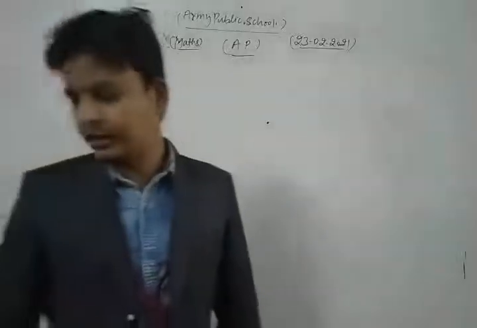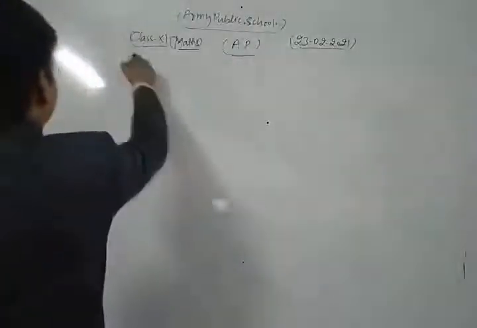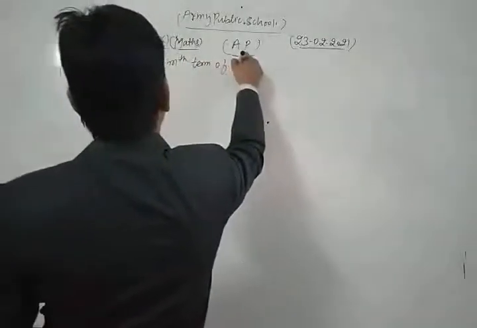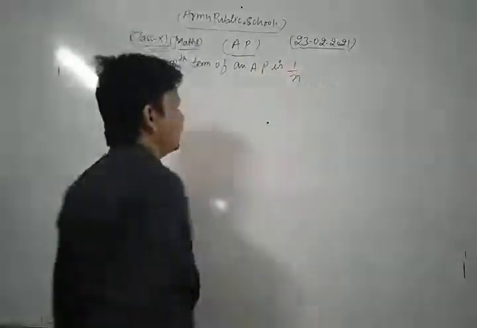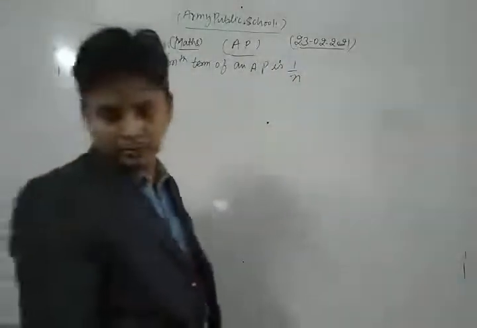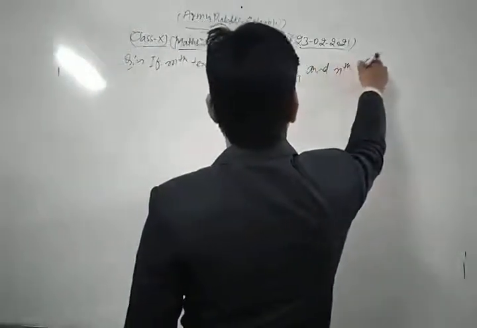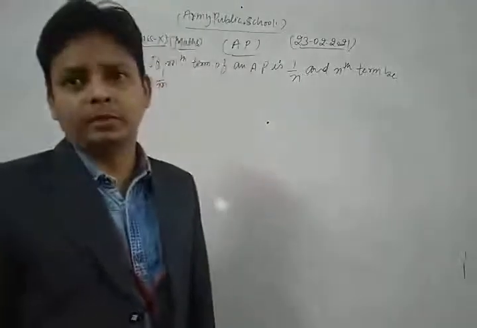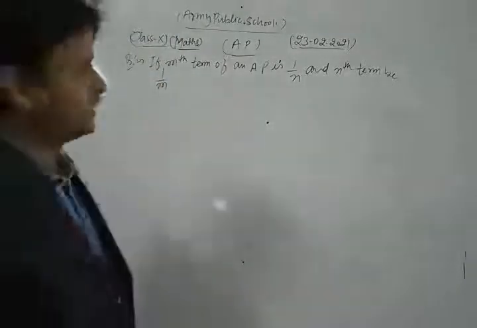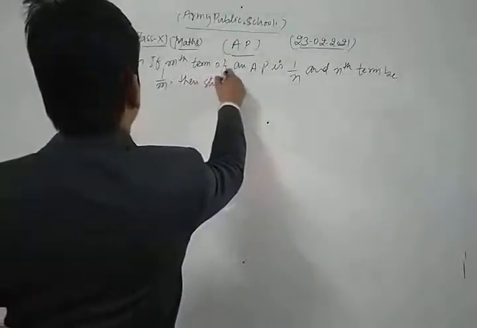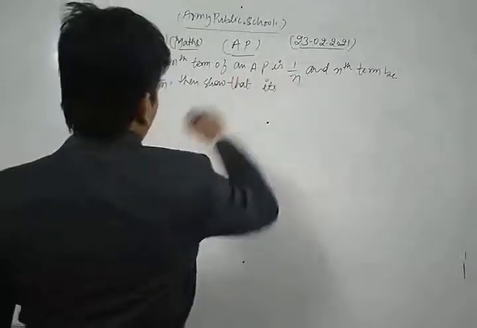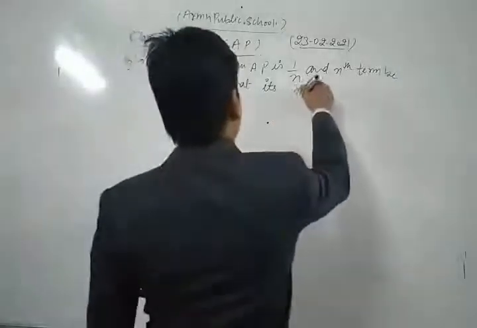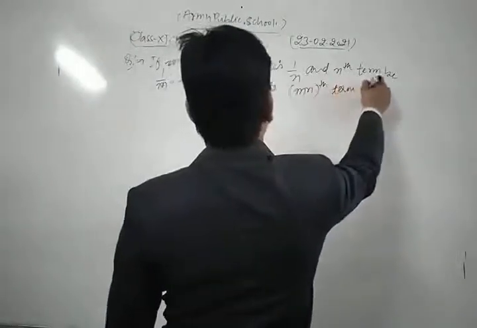We take a question which is based on AP. The question is: if the mth term of an AP is 1 upon n, and the nth term is 1 upon m, then show that its mnth term is 1.